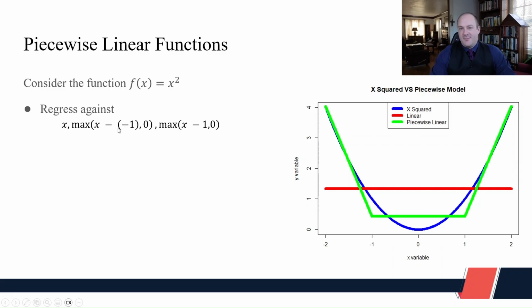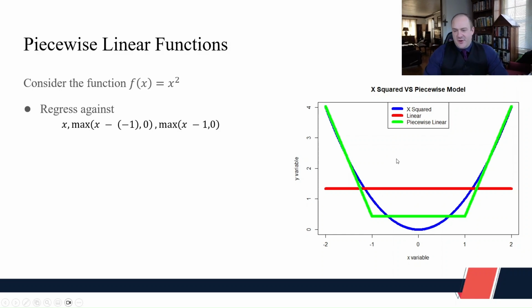We have x minus 1, because we're looking at the interval -2 to 2. I just broke this interval up into two components, -2 to 0 and 0 to 2, took the midpoint, and used that to create a value here, and then I regressed against these values, and what you get here is the green line. So the green line is sort of a first pass using a piecewise linear function.